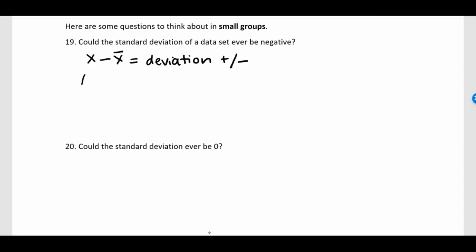Now, the next step in that standard deviation equation is to square each of those deviations to get the squared deviation. Why did we square this? Well, if we try to add up all those deviations, the pluses and minuses end up canceling each other out and we get 0.